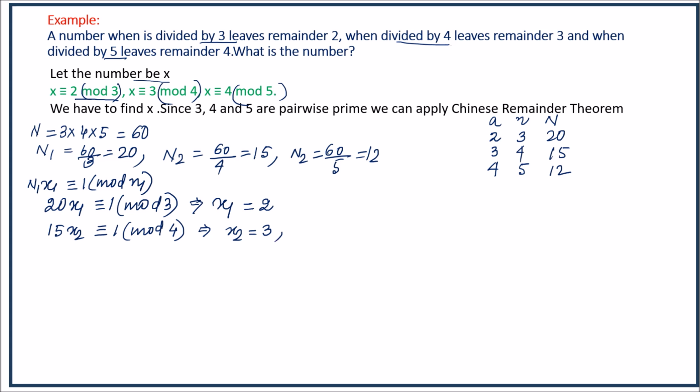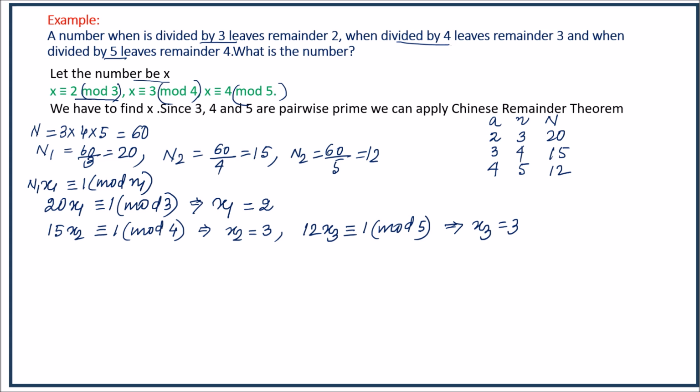And your third congruence will be 12x3 is congruent to 1 modulo 5. 12 divided by 5 does not leave remainder 1. 12 into 2, 24, does not leave remainder 1 when divided by 5. 12 into 3, 36, when divided by 5 leaves remainder 1. So this gives us x3 is equal to again 3.